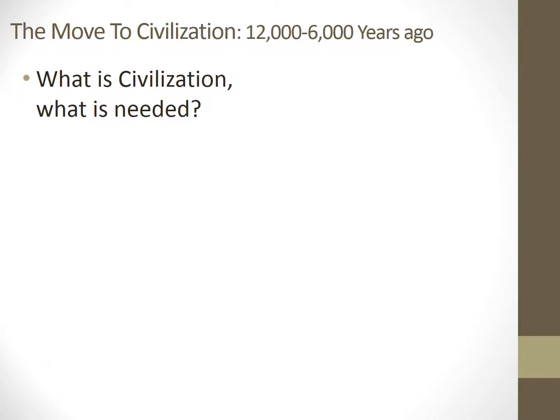Some areas of the world develop into agricultural civilizations. Others continue to live in a way that is more reminiscent of the Paleolithic Age for years and years and years. So this is a long-term change that happens in different places at different times.